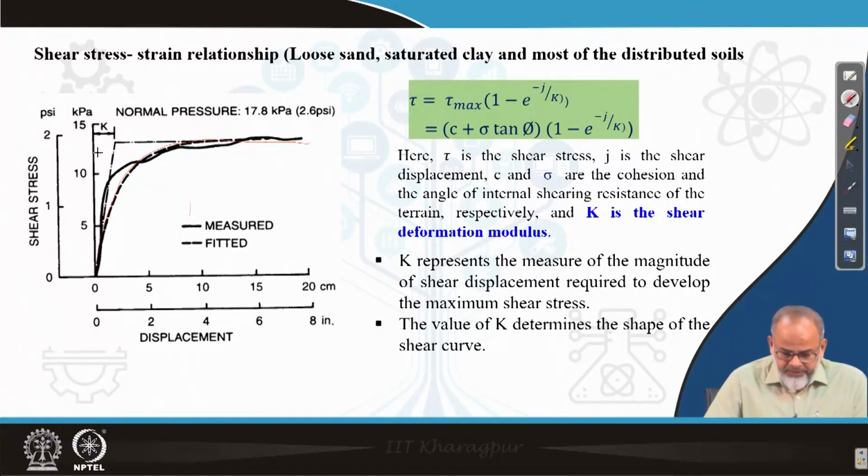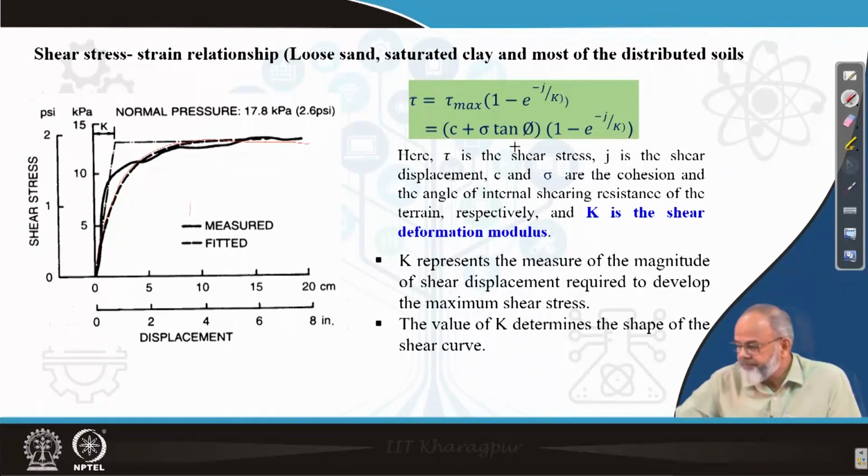Now, if you look at the equation, then tau max can be represented by c plus sigma tan phi. That means cohesion plus normal stress into tan phi. So, tau equals c plus sigma tan phi into 1 minus e to the power minus j by k.